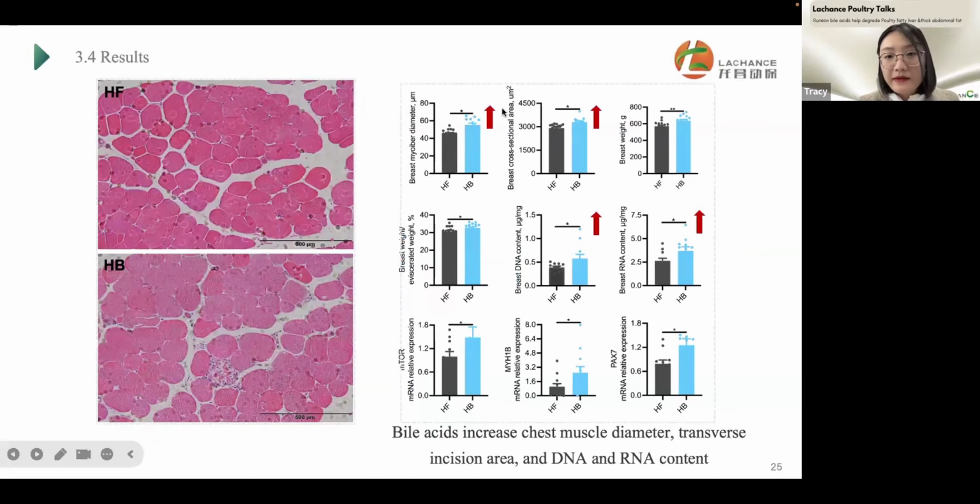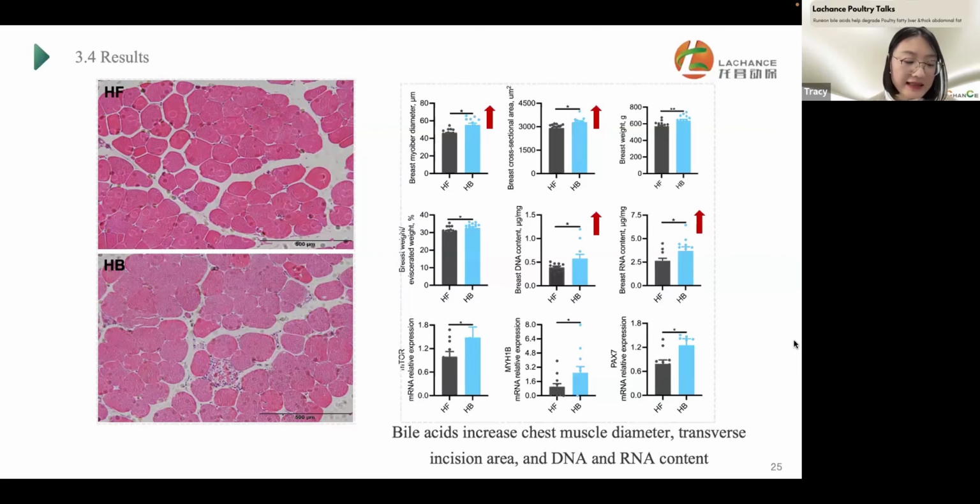And then mainly from these four charts, this one, this two, and this two. So this shows that bile acids increase chest muscle diameter, transverse incision area, and also DNA and RNA content.